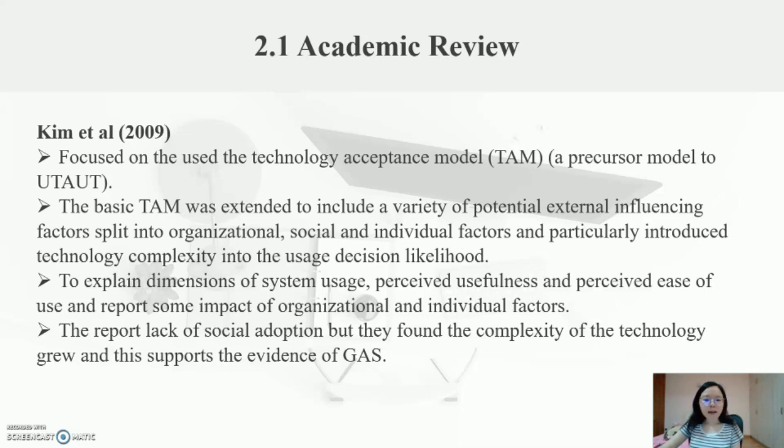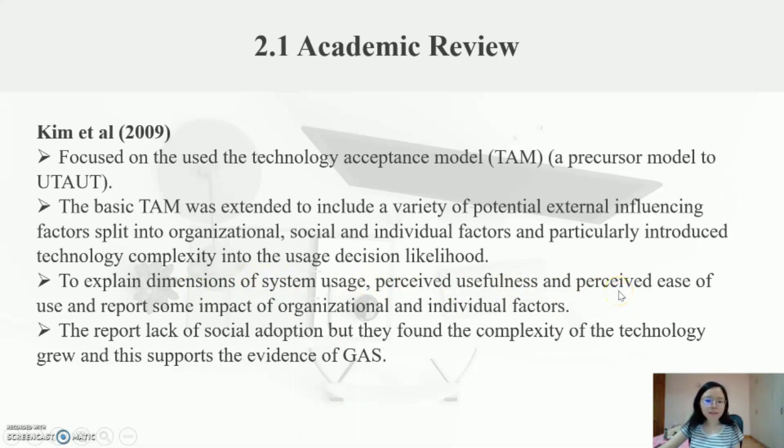The basis of TAM includes a variety of factors, but we can split them into three main factors: organization factor, social factor, and individual factor. And it also explains the dimensions of system usage, perceived usefulness, and ease of use of the model.